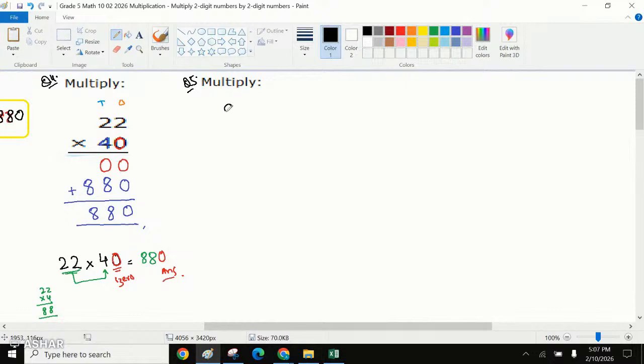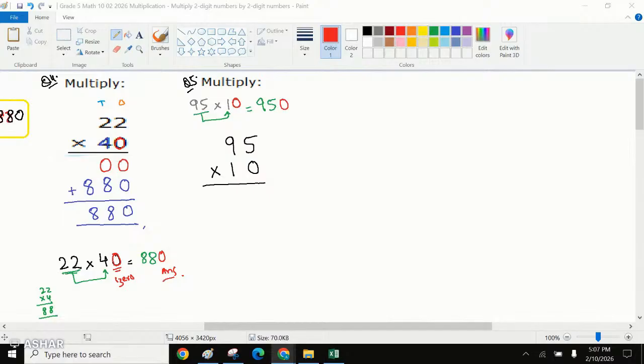If 95 was to be multiplied by 10, we know the alternate that is easier. 95 multiplied by 10, there is 1 zero. 95 is multiplied by 1, that is 95. And there was 1 zero, so it should come out to be 950.